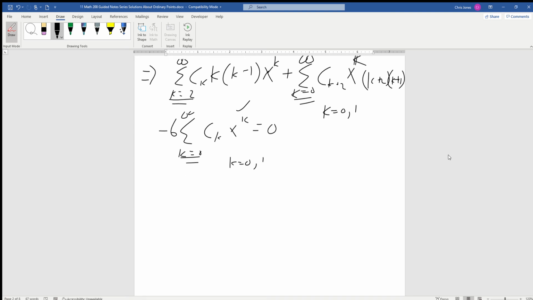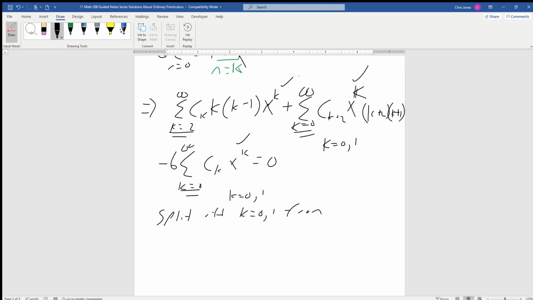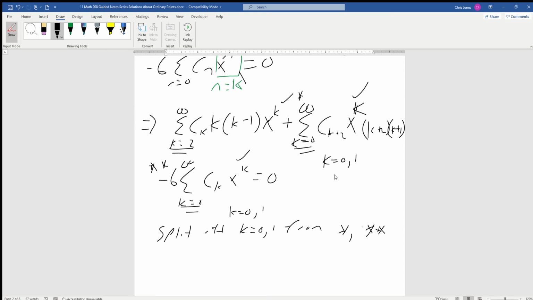So we're going to split off k equals 0 and 1 from the second series, which I'll call asterisk, and the third series, asterisk asterisk. We're just going to split off 4 terms essentially. Let's plug in 0 and 1 into the second series.